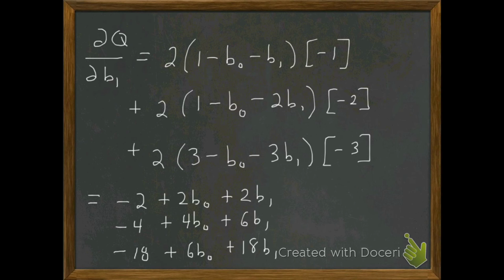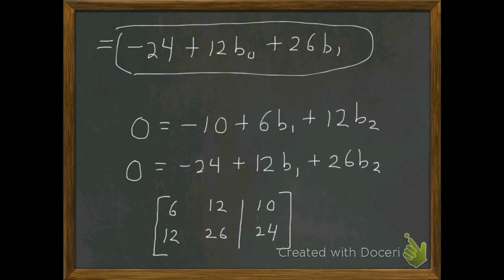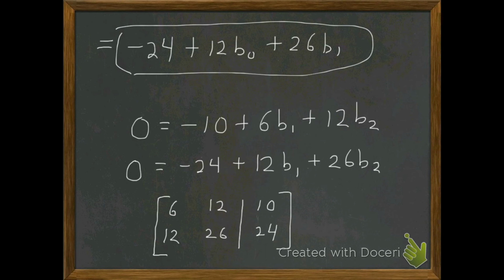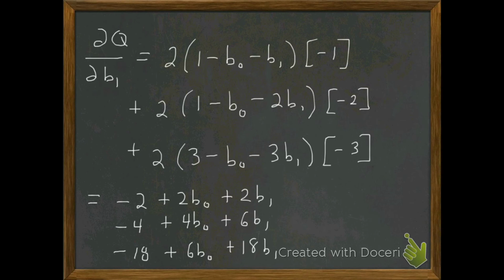Please accept my apologies, but I've made a simple mental mistake. So first we've got negative 24, the next we've got 12, and the next we get 26.